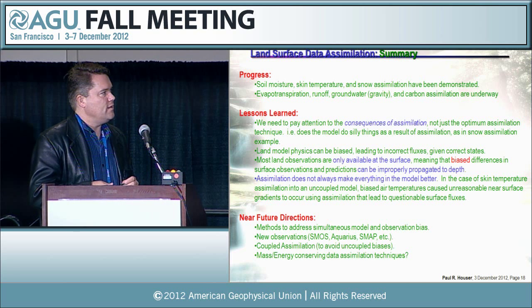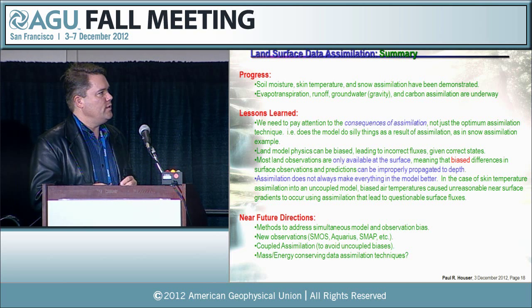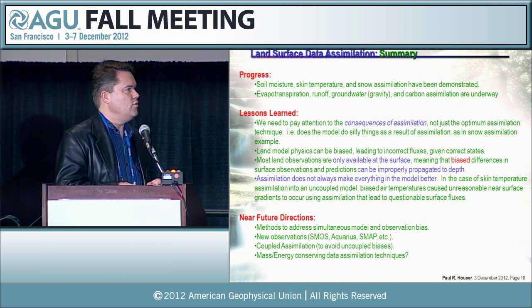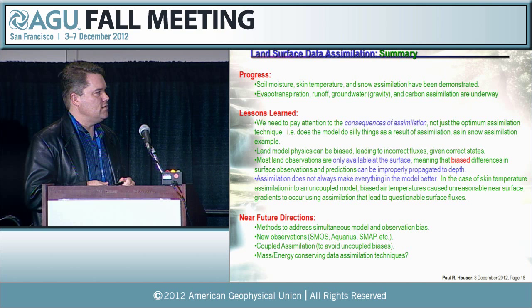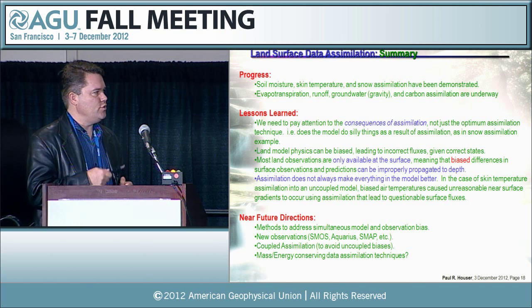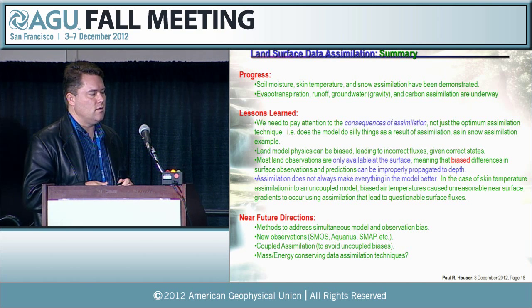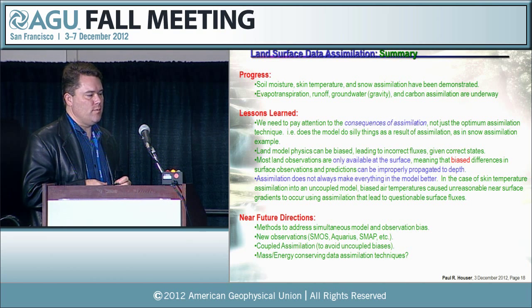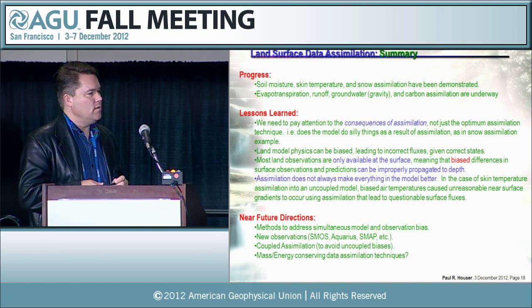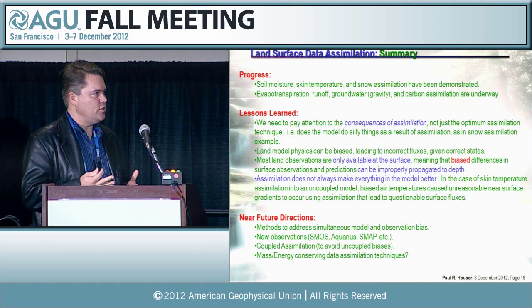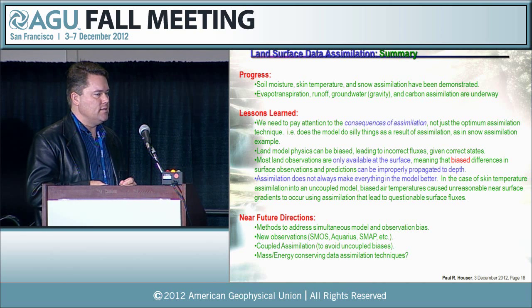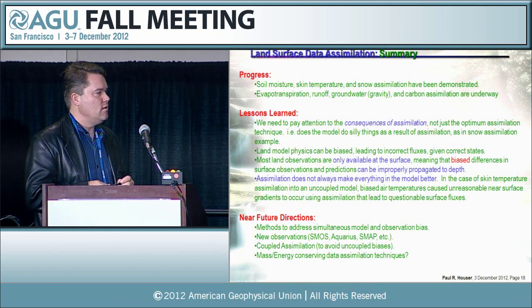We've learned a lot of things about the consequences of doing data assimilation in a land model, for example, making sure you know about biases. In the case of the weather prediction model I showed you, where the snow disappeared and then was put back each day, that had to do with a temperature bias in the model. So no matter how sophisticated your observation is, if you have another process that's influencing the bias of the model, that has to be accounted for.